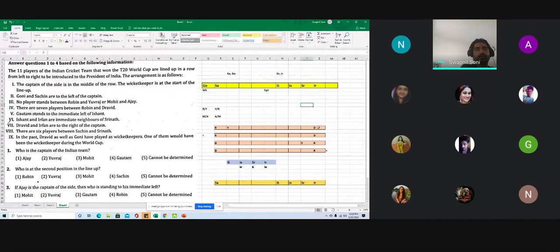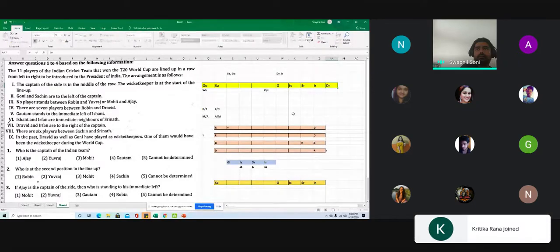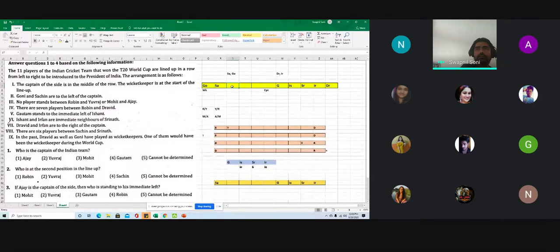Next, Dravid और रॉबिन के बीच में 7 लोग चाहिए. So definitely Dravid has to come over here because I cannot put Dravid anywhere in this line. Dravid comes over here, which means 2, 3, 4, 5, 6, 7. Robin will come over here.